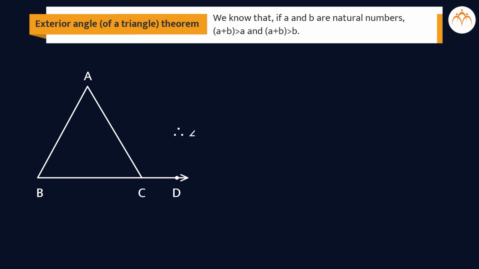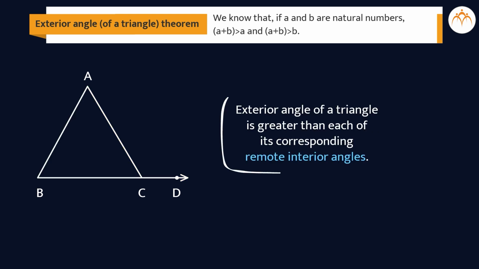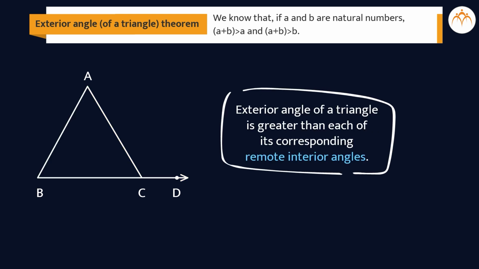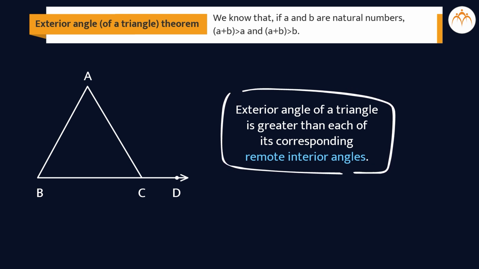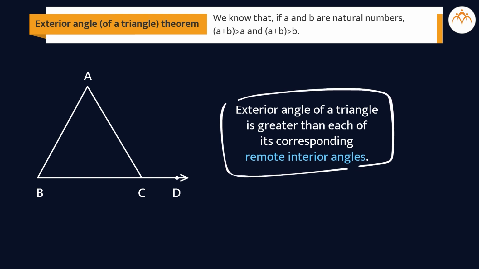Therefore, measure of angle ACD is greater than measure of angle BAC and measure of angle ACD is greater than measure of angle ABC. In other words, an exterior angle of a triangle is greater than each of its corresponding remote interior angles. This is an important property of exterior angles of a triangle.